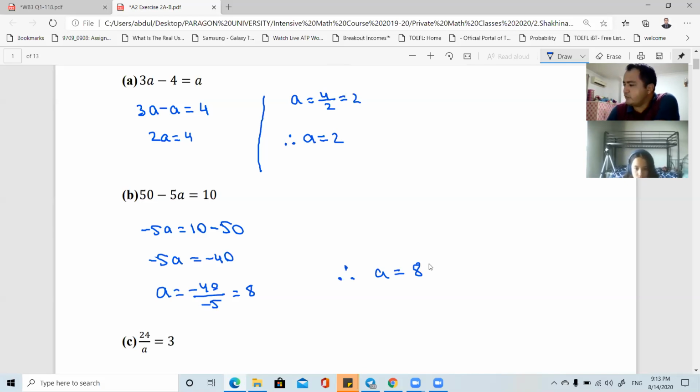Okay, Shahina, let's try, okay? Can you share your screen with me and open this file? Is it in your folder? This exercise 2AB? Yeah. Okay, can you share your screen with me?